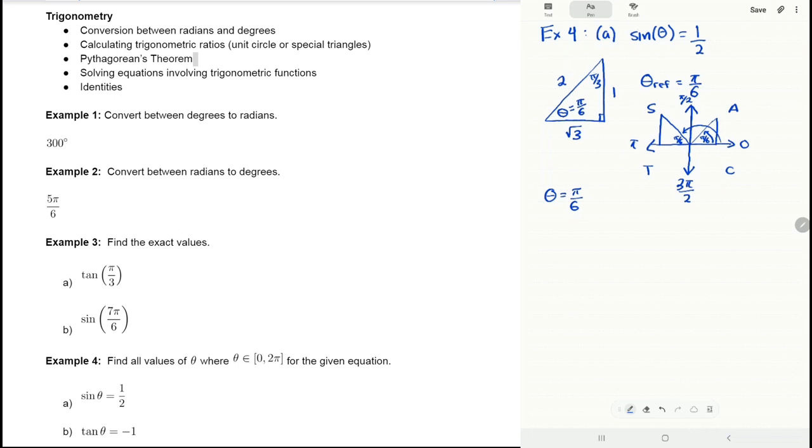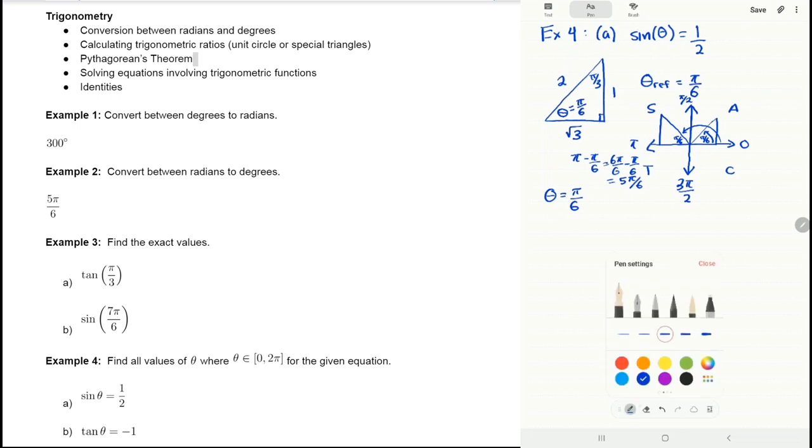Okay, so we want the entire angle from 0 to the angle in quadrant 2, which will be pi minus pi over 6. And this is 6 pi over 6 minus pi over 6, which will be 5 pi over 6.